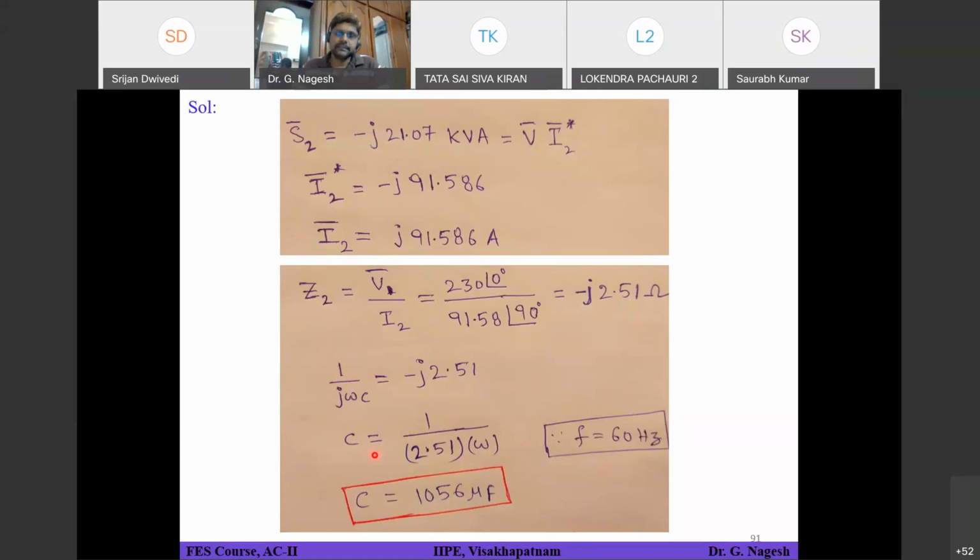They are called synchronous condensers, or in some applications they will use static capacitors. The static capacitor they will install at the input or at the load terminals, so that your overall power factor will be improved.